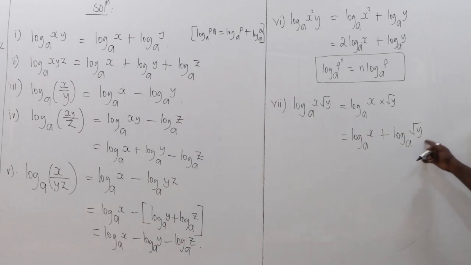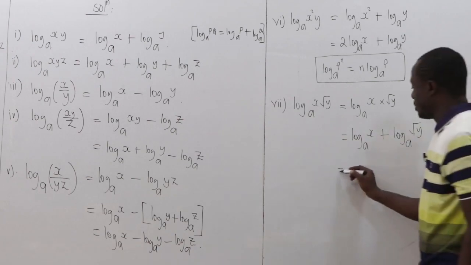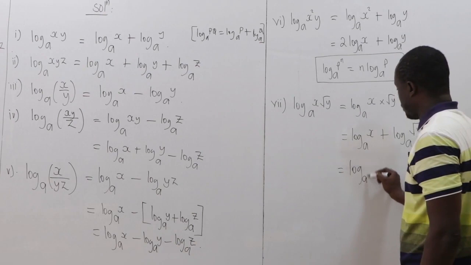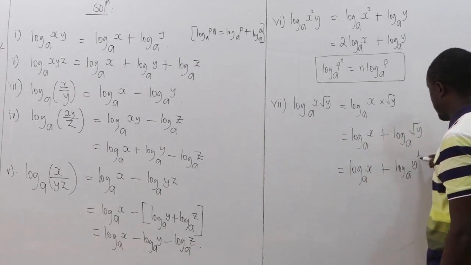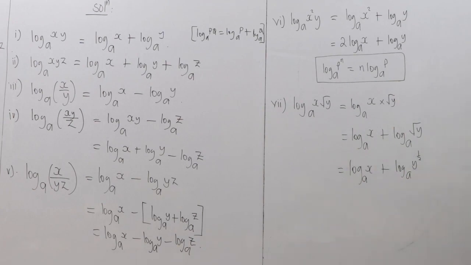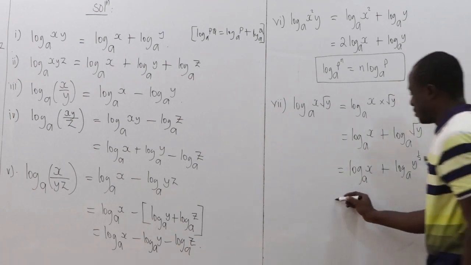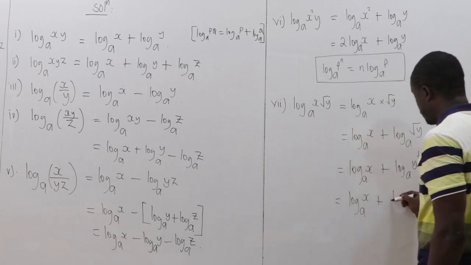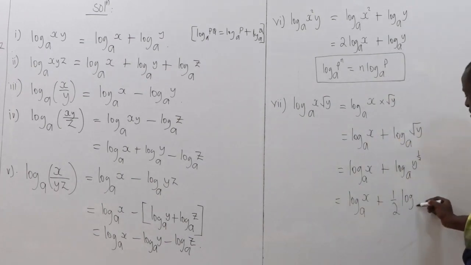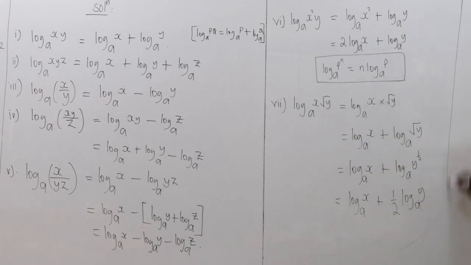Now this is of the third law, so this is the same as log a of x plus log a of y to the power 1 over 2. Using the third law, this will come here. So this is the same as log a of x plus 1 over 2 log a of y from the third law. Very easy, very trivial.